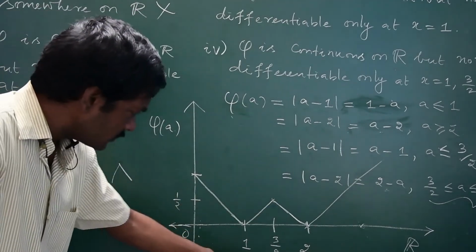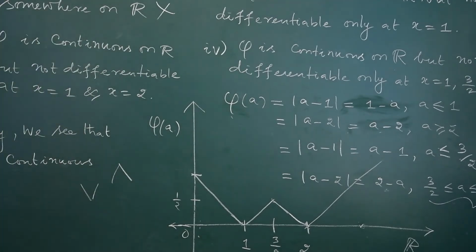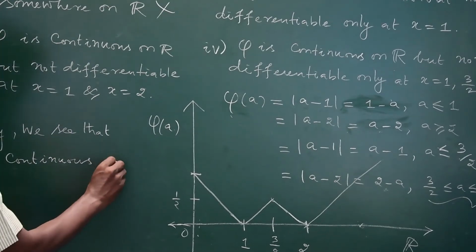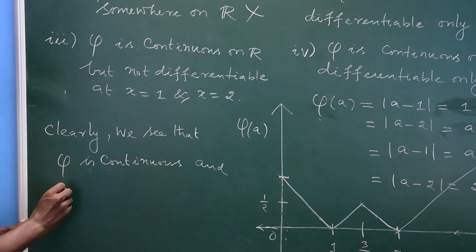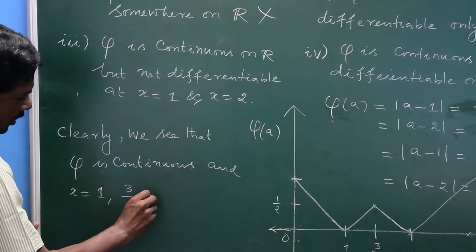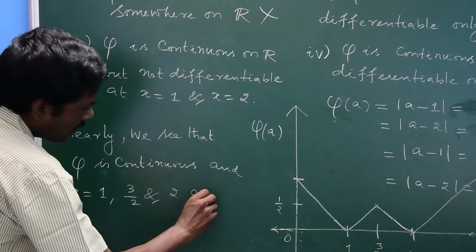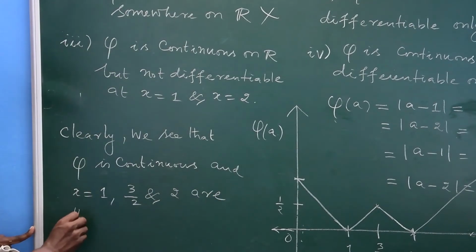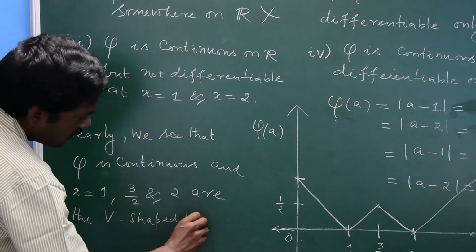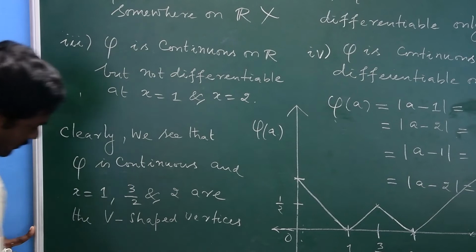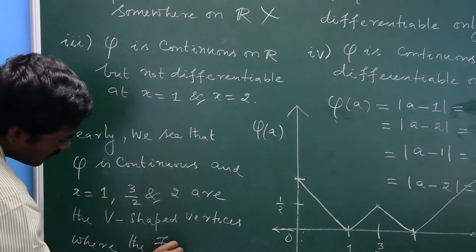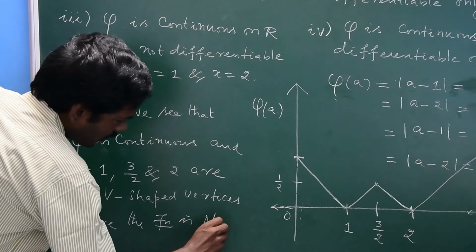So x equal to 1, 3 by 2 and 2 are the V-shaped vertices where the function is continuous but not differentiable.